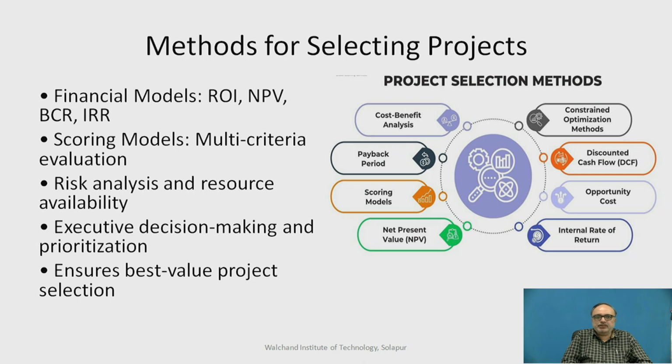There are various methods for selecting projects, which are cost-benefit analysis, payback period, scoring models, constraint optimization methods, opportunity cost, and internal rate of return.